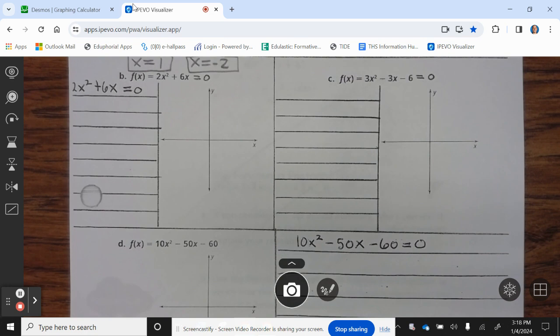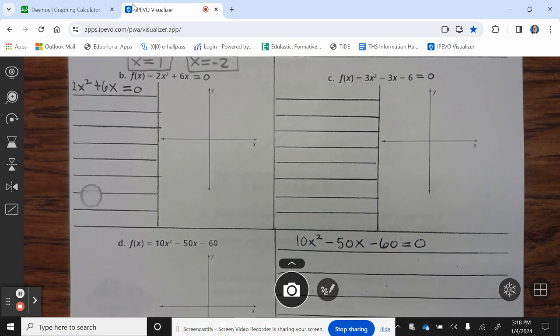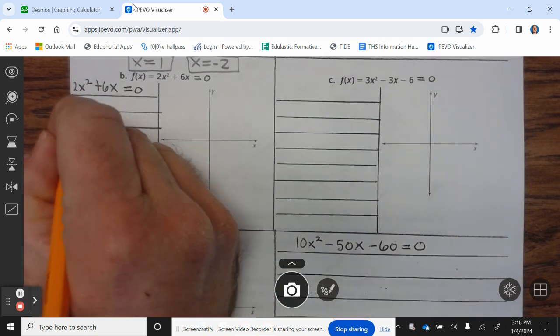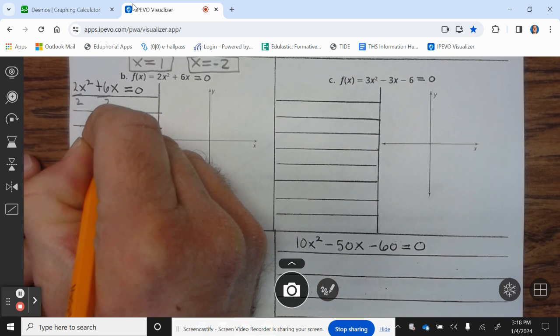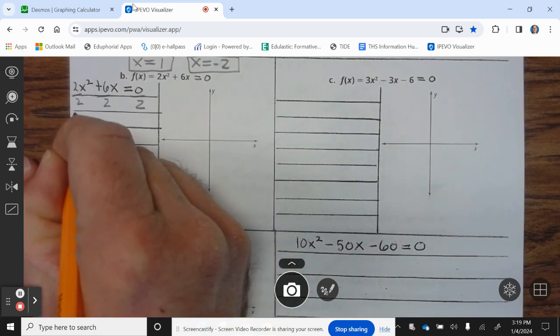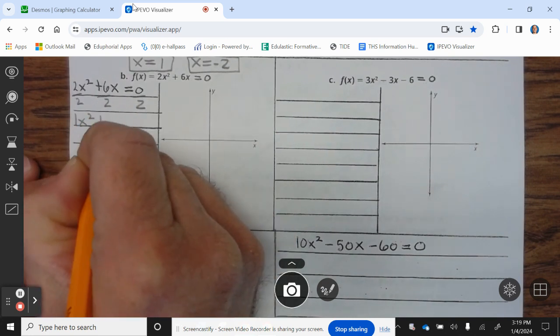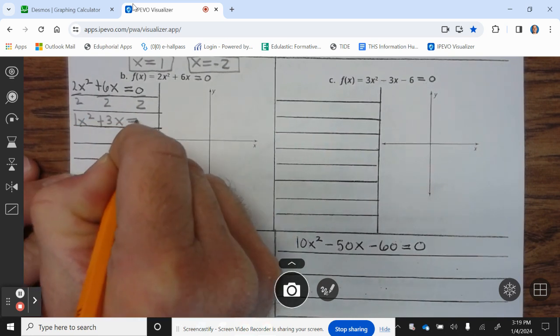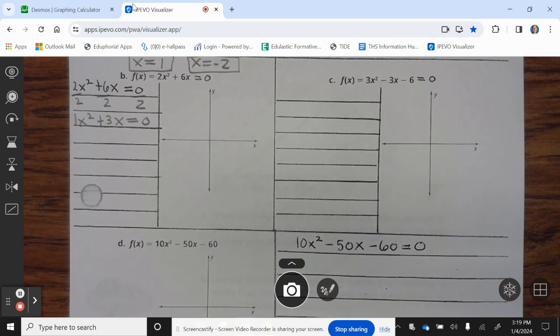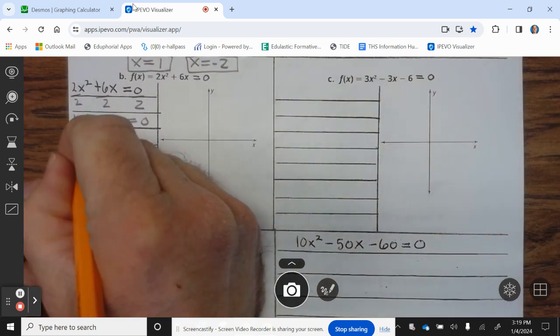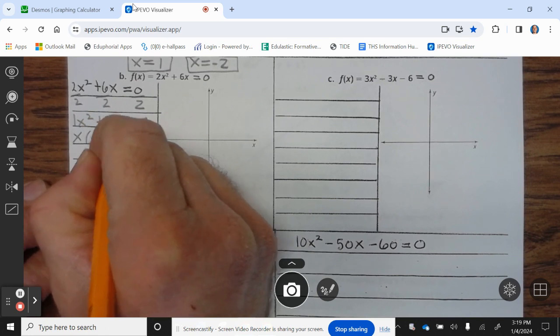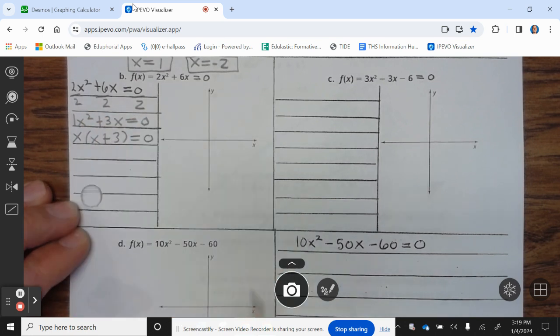All right, let's take a look at B. So we can divide every term by 2. That becomes 1x squared plus 3x equal to 0. We can factor out an x, which leaves x times x plus 3 equal to 0.